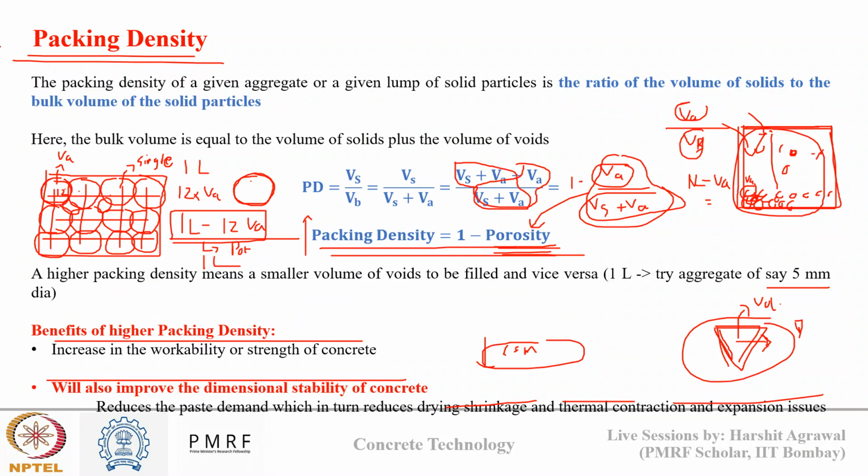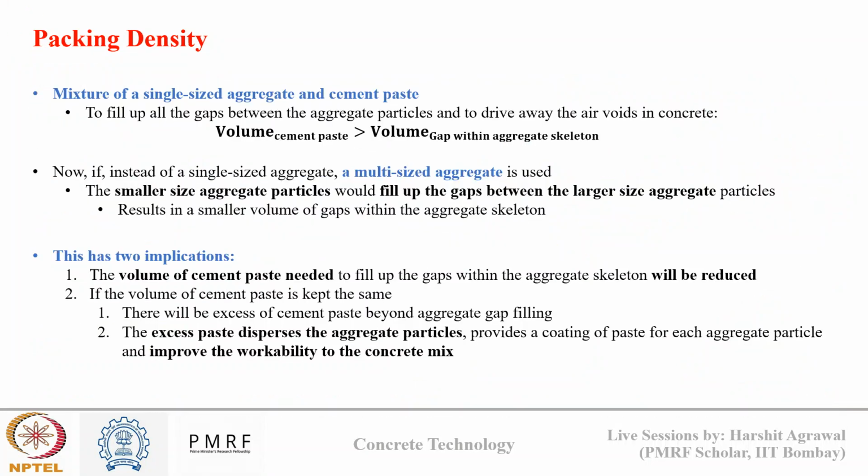So like we discussed in this problem, what size of aggregate we are taking can significantly influence the packing density. If we are taking a mixture of single-sized aggregate and cement paste, then to fill the gaps between the aggregate particles and to drive away the air voids inside concrete will require a higher volume of cement paste.